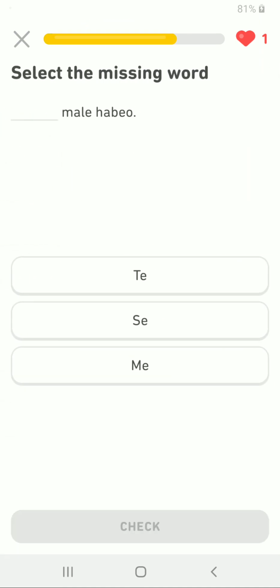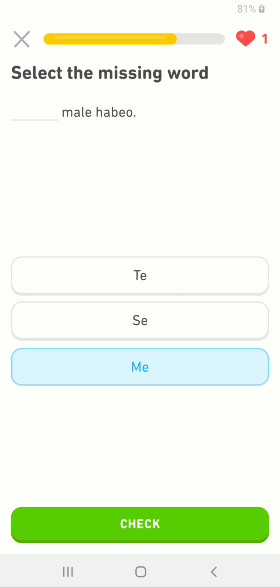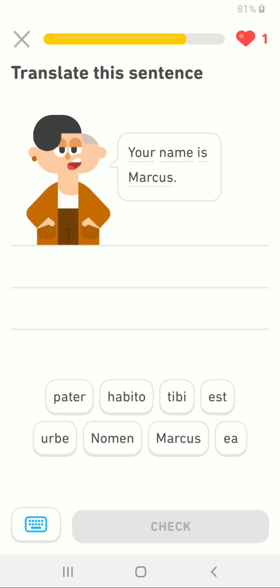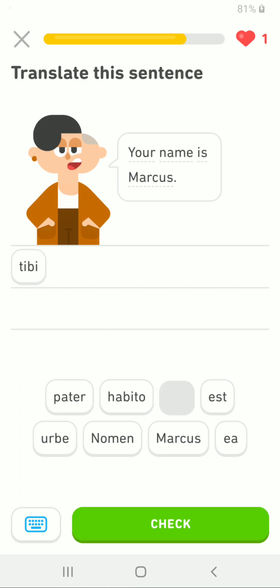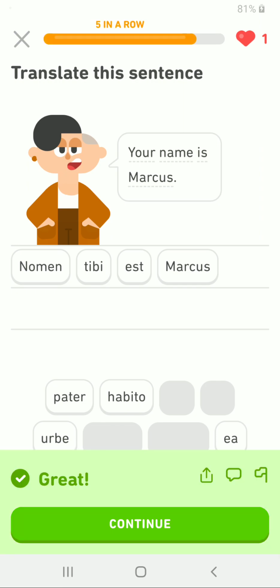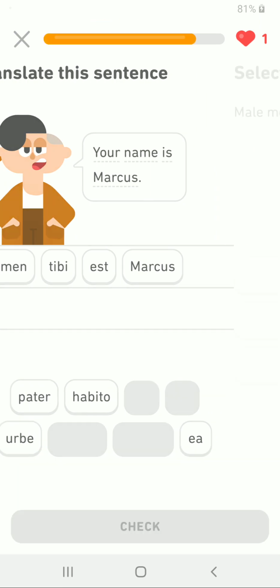Male habeo. Habeo is I have. Me habeo male means I feel bad. But ego habeo, I have. Male we know. Nomen tibi est Marcus. This is how they talk, like name yours is Marcus.